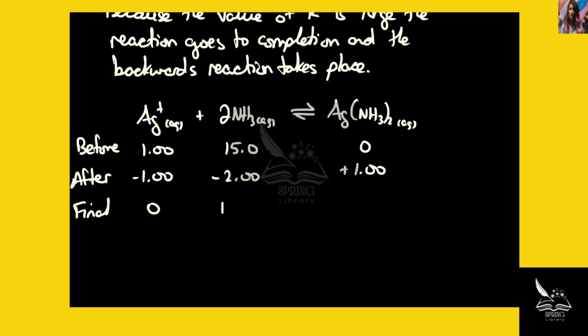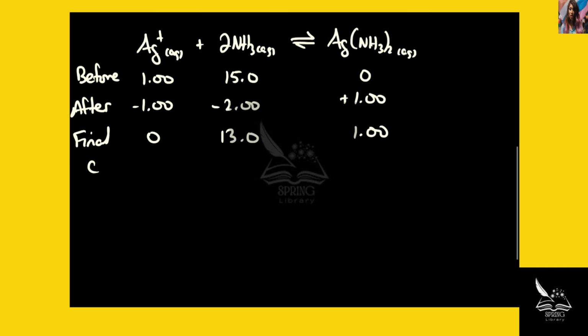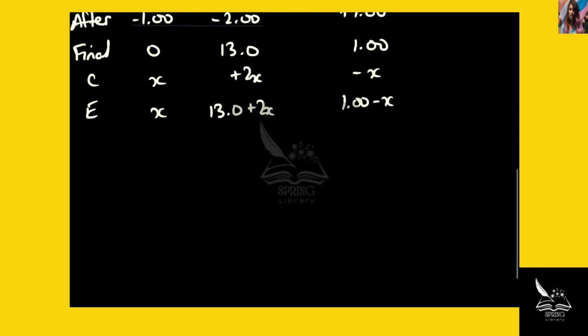Our final values here will be 0, 13.0 and 1.00. Then we'll have our change, the backwards reaction, minus x, plus 2x and plus x, and at equilibrium we'd have x, 13.0 plus 2x, and 1.00 minus x.